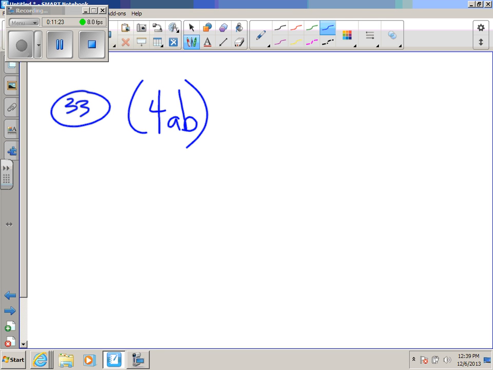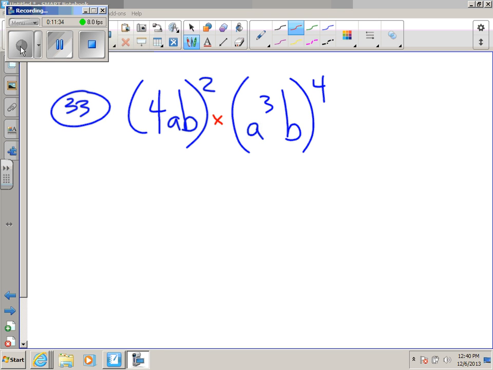4 a b squared times a to the third b all to the fourth. But we got to simplify each one of these and then we'll multiply them together. Okay. So 4 squared becomes what? 16.